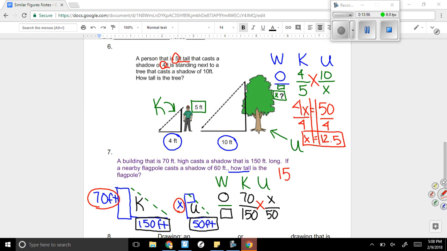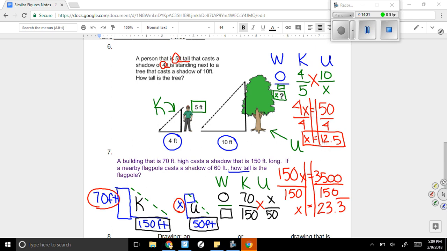I get 150x equals, and now I'm going to multiply 70 times 50. I get 3,500. And now I'm going to divide by 150. So when I draw my railroad tracks, divide by 150. I get x equals, and I got a repeating decimal, 23.3 repeating. And that's my answer here.